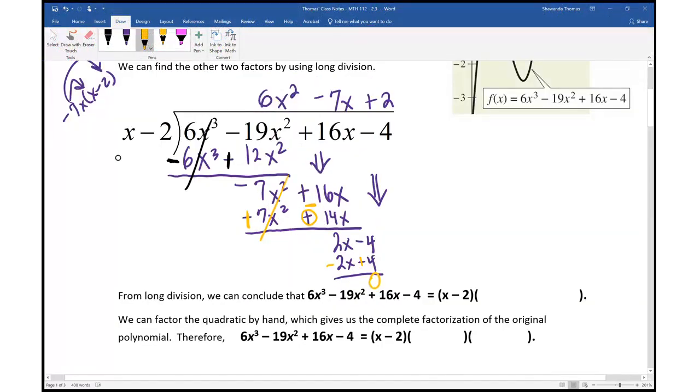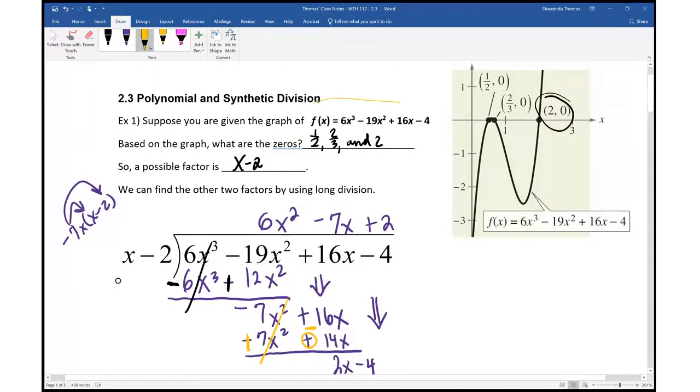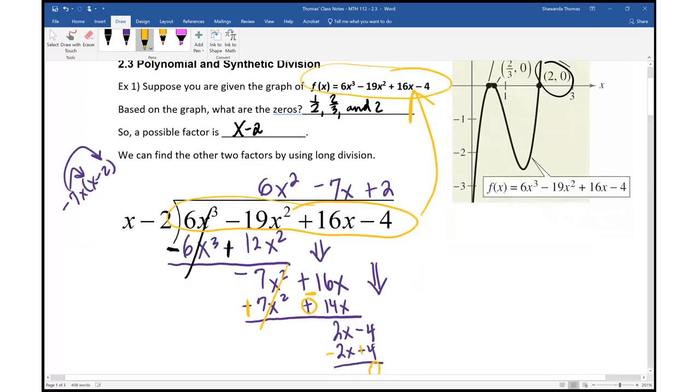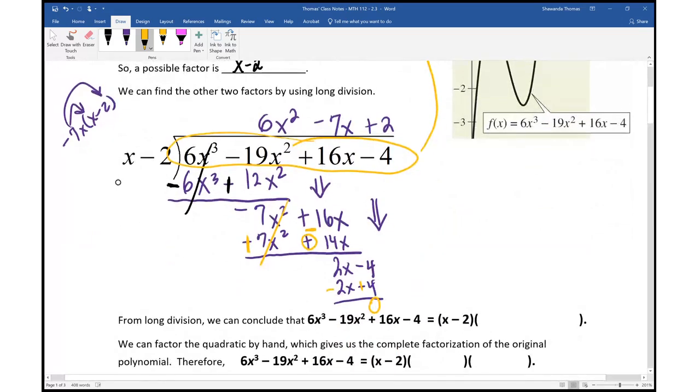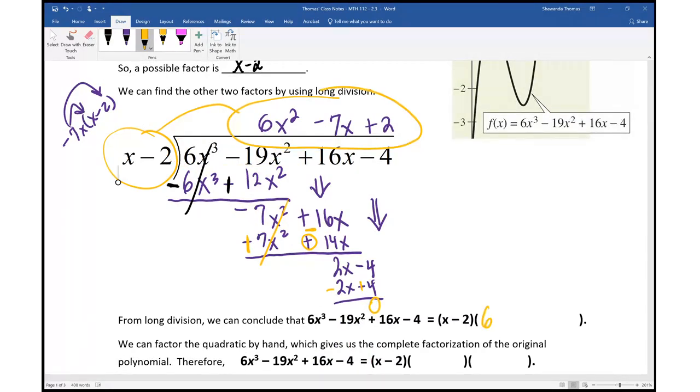For long division, we can conclude that this original function here can be broken down to x minus 2 right here times this 6x squared minus 7x plus 2. That's what we can break that down to.